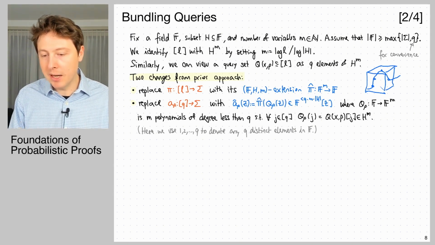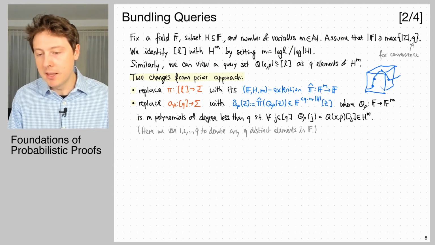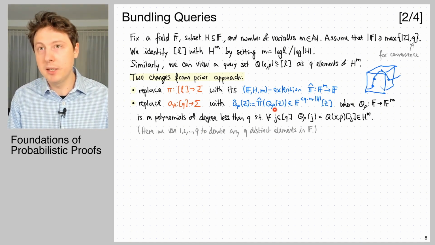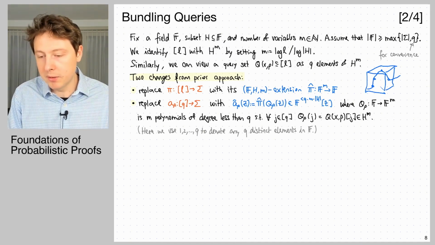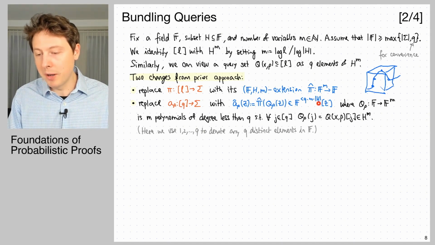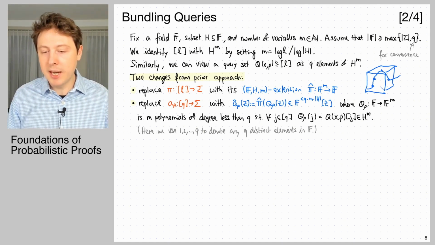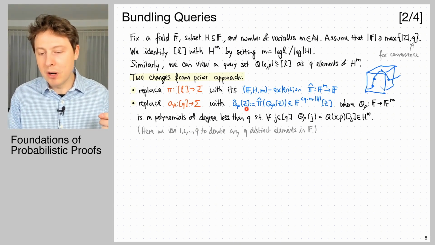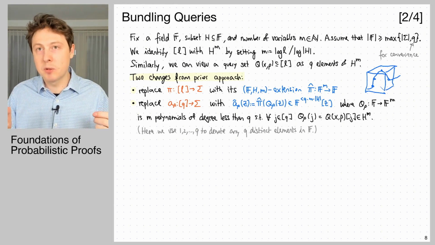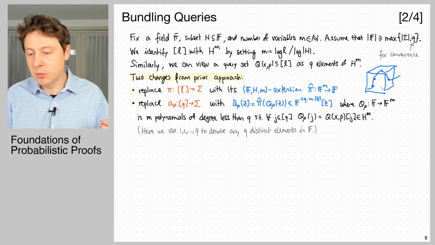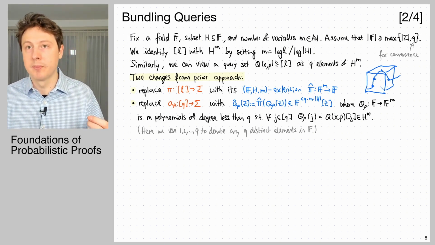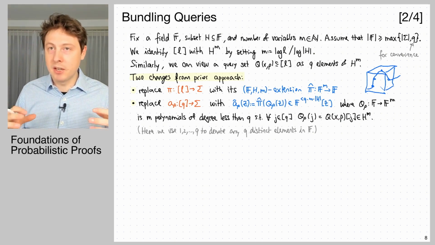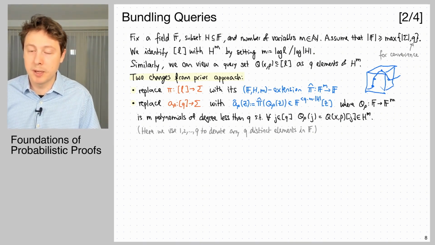I'm going to get a univariate polynomial of a degree that is the total degree of this guy, which is mh, times the only degree of this one, which is q, so qmh. So now I have here a univariate polynomial that remembers at location 1 through q the answers corresponding to the queries 1 through q of this particular tuple. Okay? So I'm kind of bundling together the answers in a very particular fashion.